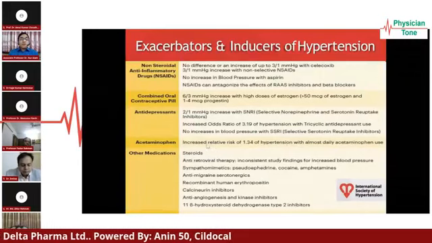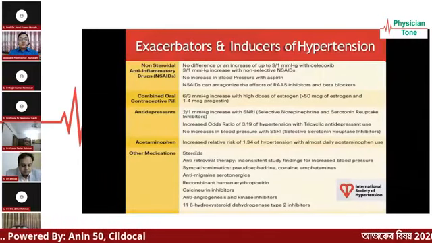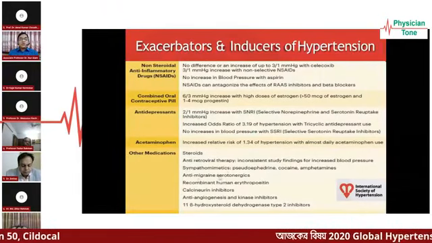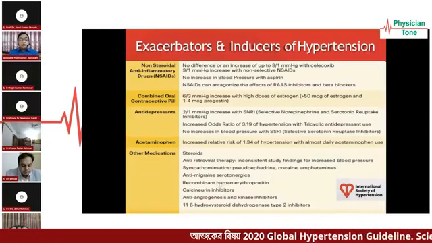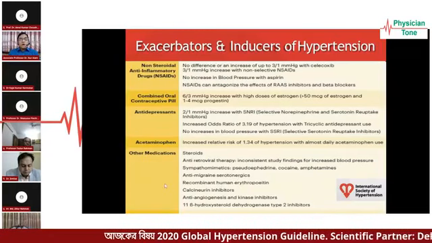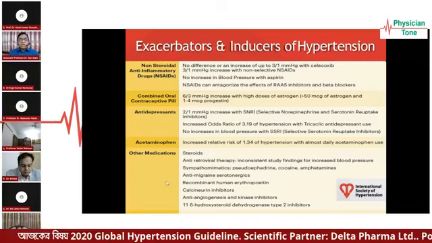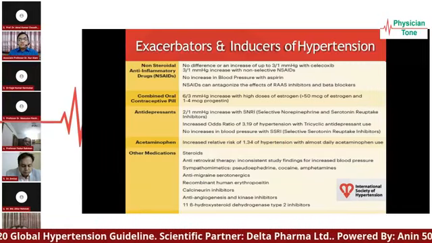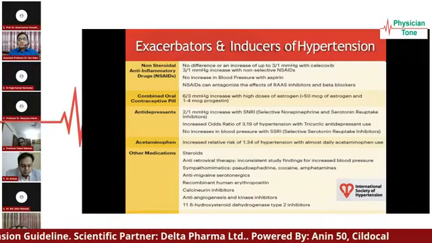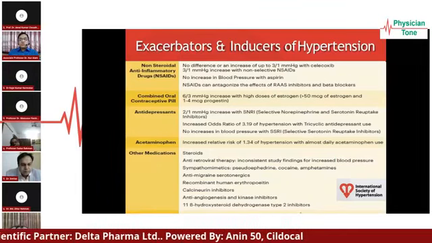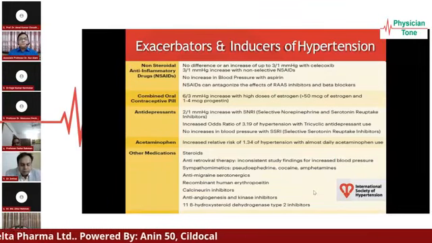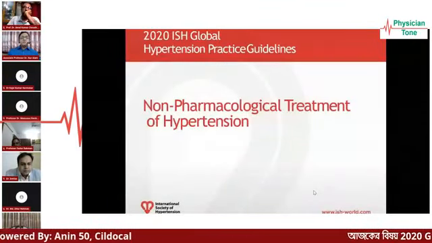Other medications like steroids, sympathomimetics, anti-migraine drugs, recombinant human erythropoietin also increase blood pressure, and some herbal drugs like ginseng and substances like licorice. These also increase hypertension. So what are the treatment or management of hypertension?